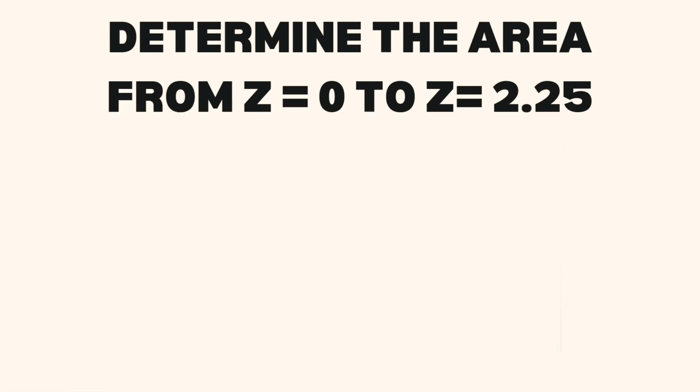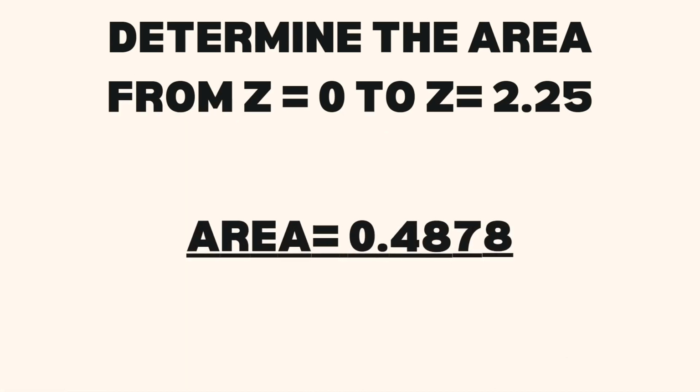Since we only need to determine the area from 0 to z equals 2.25, the area will be 0.4878, as shown in the z-table. It was easy, right? Now, let's go to another example.